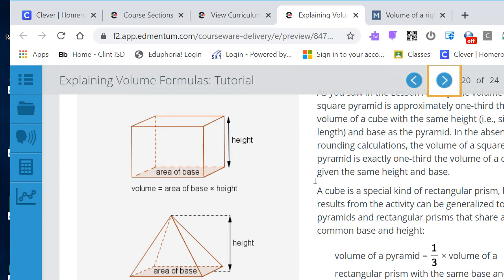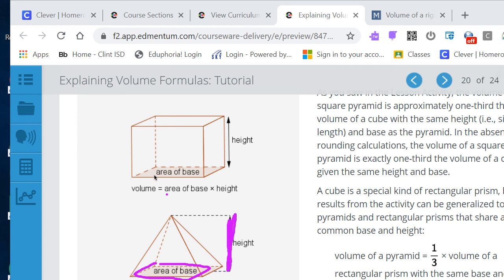So no surprise again, our base for the pyramid is still a rectangle. So I'm still going to do length times width times the height.